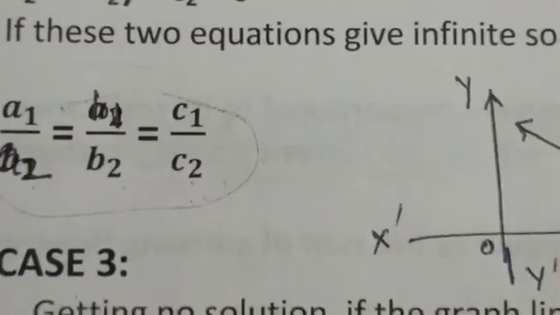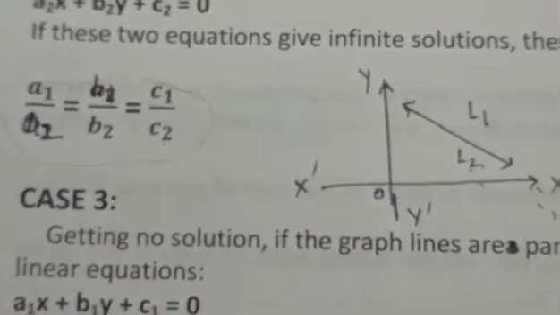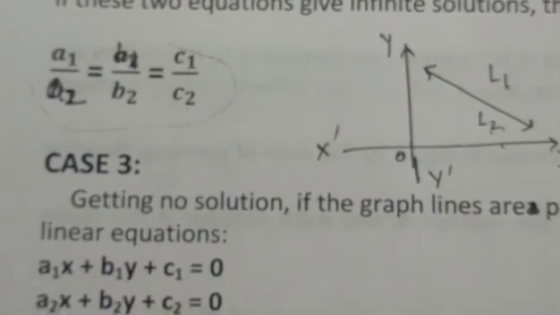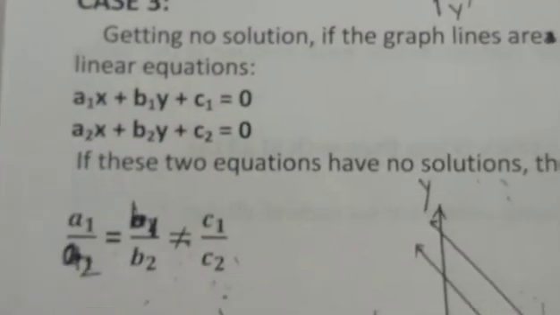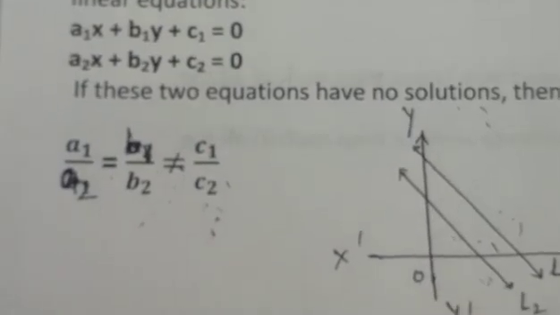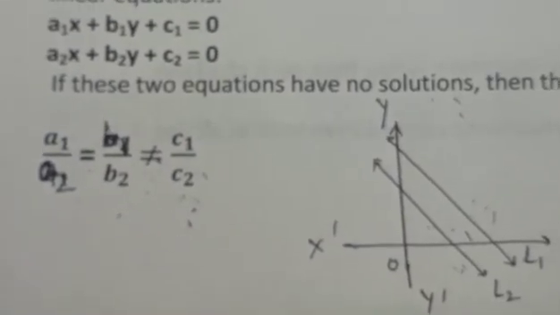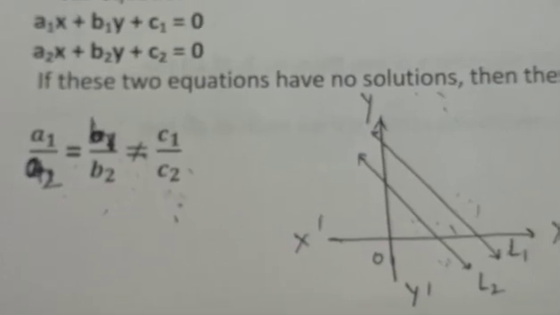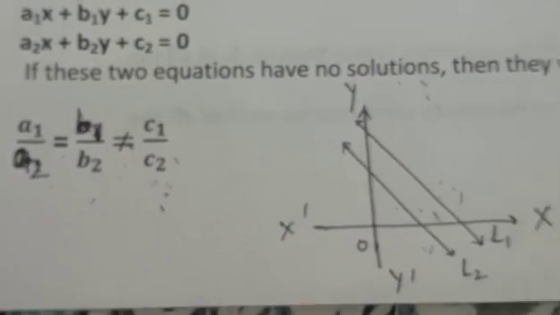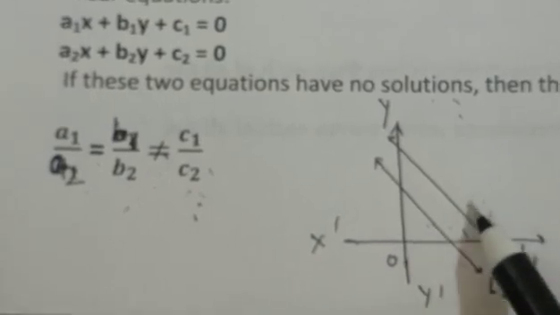For infinite solutions, we have the case a1 by a2 equal to b1 by b2 equal to c1 by c2 and the graph is coinciding. In the same way, for the third case, that is no solution, a1 by a2 equal to b1 by b2 not equal to c1 by c2 and the graph will be parallel to each other.